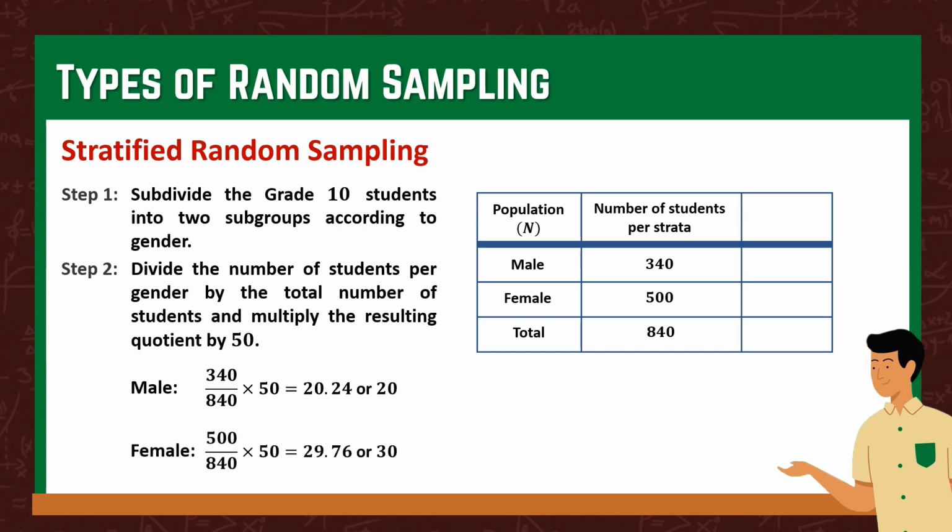For female, 500 divided by 840 times 50 equals 29.76 or 30. So therefore, our sample will be 20 males out of 340 and 30 females out of 500 to make a total of 50 students.